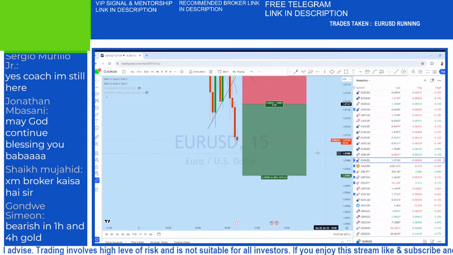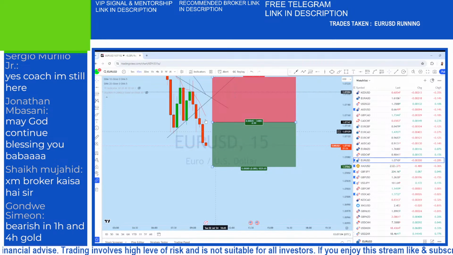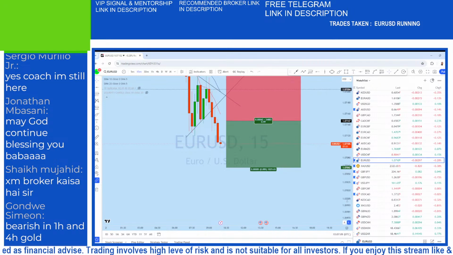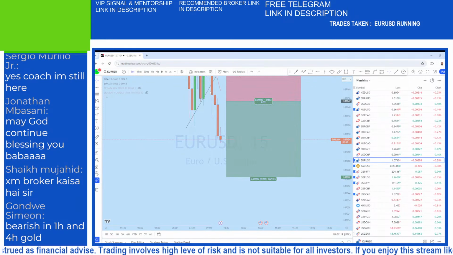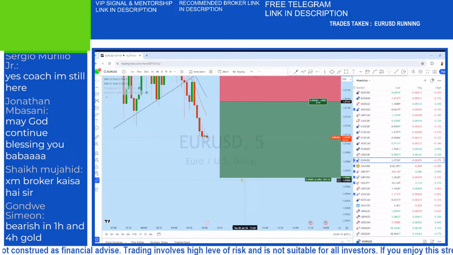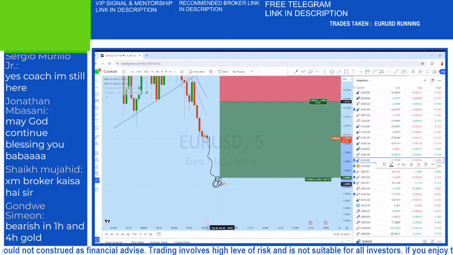Are you guys with me? We can see that the market here on EUR/USD is dropping down to the support level, waiting for this price to break below to this liquidity zone. It's a very important liquidity zone here.